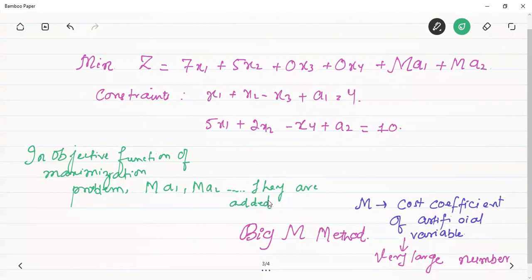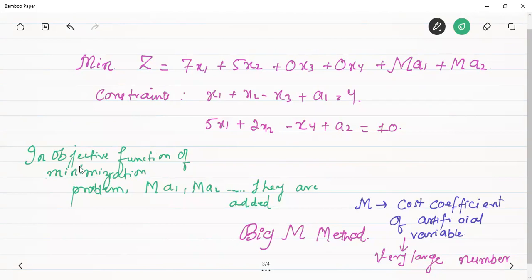If there was a third artificial variable, if there were three constraints, we would have a3 also. So Ma1, Ma2, Ma3 are added in a minimization problem, while in a maximization problem they are subtracted. If this would have been a maximization problem, we would have subtracted these in the objective function.